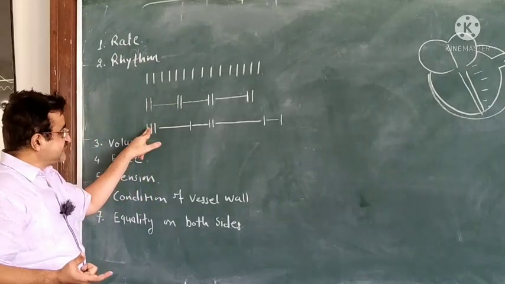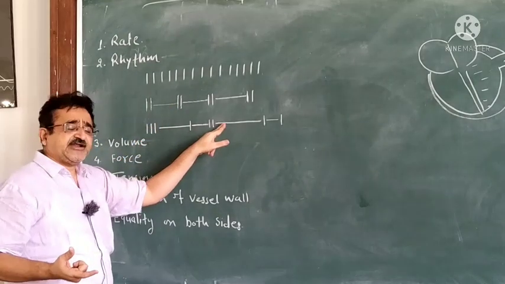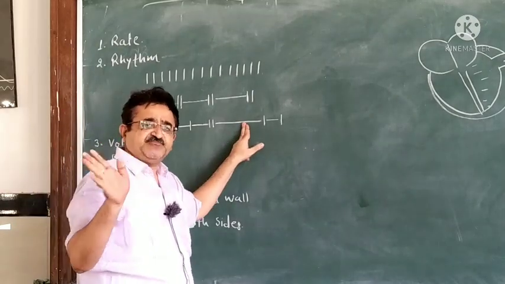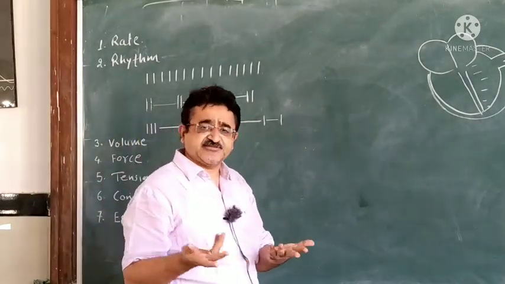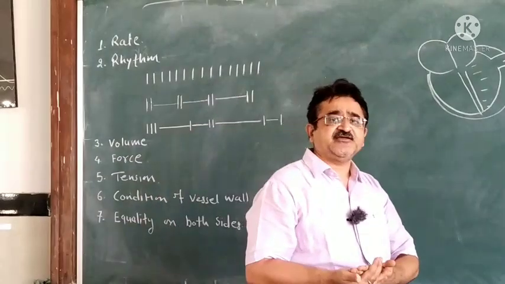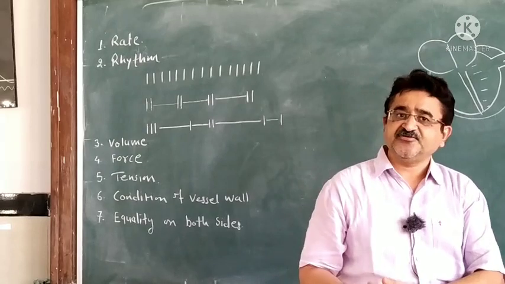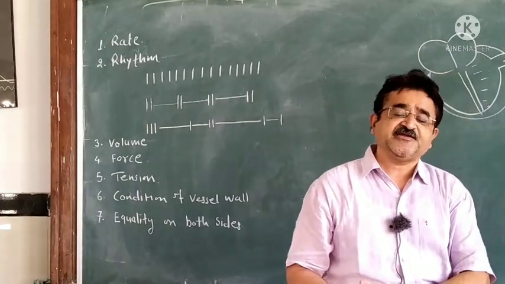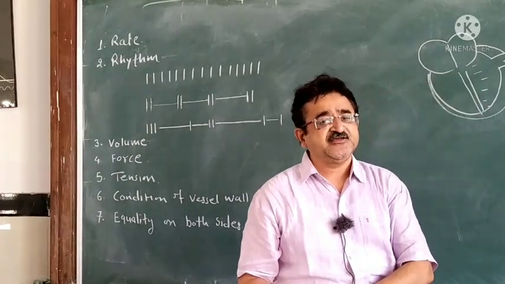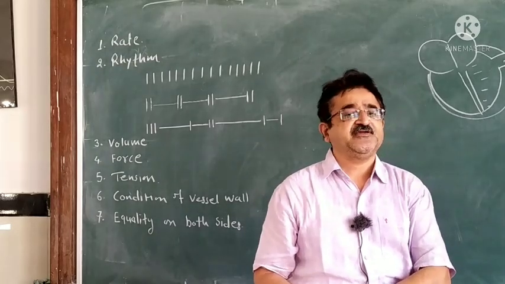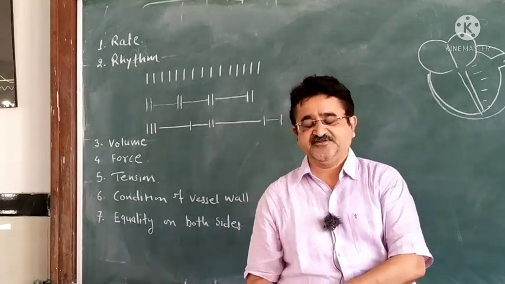And if these beats occur with no fixed interval between the successive beats, then this type of rhythm is known as irregularly irregular rhythm. So the normal rhythm is the regular rhythm. If it is disturbed, then it is known as the irregular rhythm. Irregular rhythm may be regularly irregular or it may be irregularly irregular.